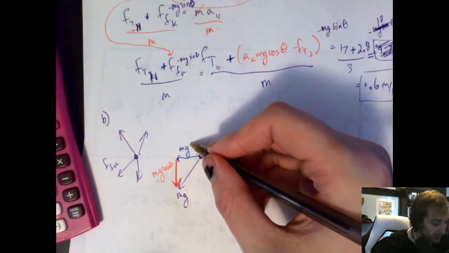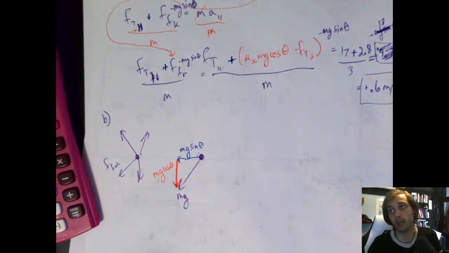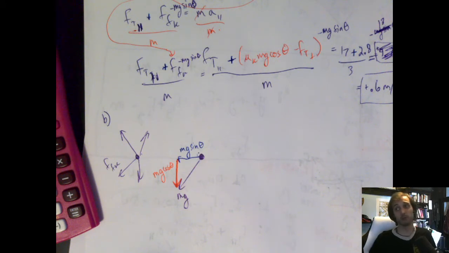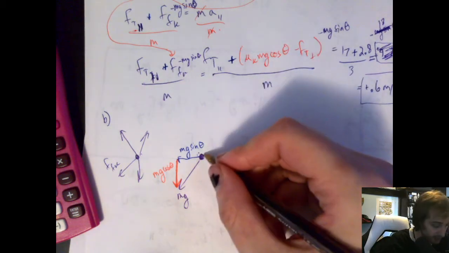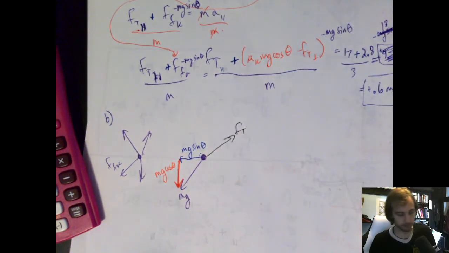The part of gravity that smushes it down the hill is mg sine theta. In particular, I want you to remember that because that is flipped from what people are normally used to, because this is basically like the y is cosine, the x is sine. It certainly happens, and it especially happens here. We've got our ft going up the hill.